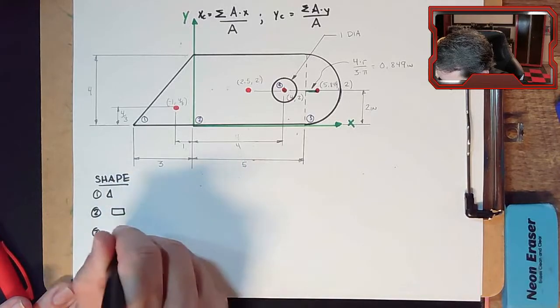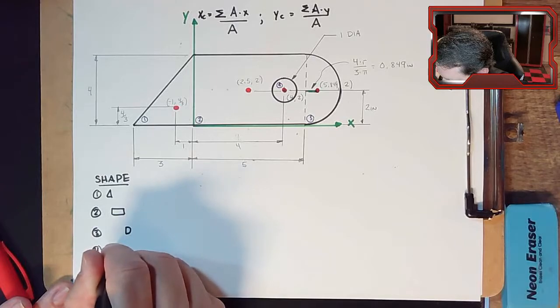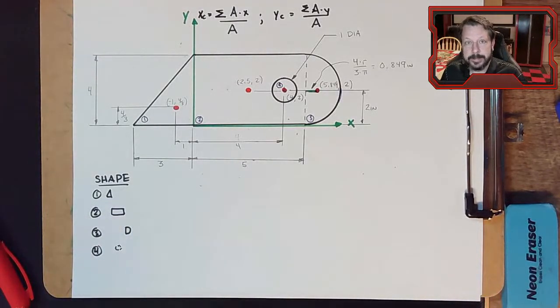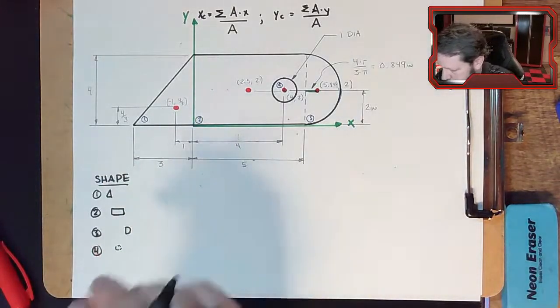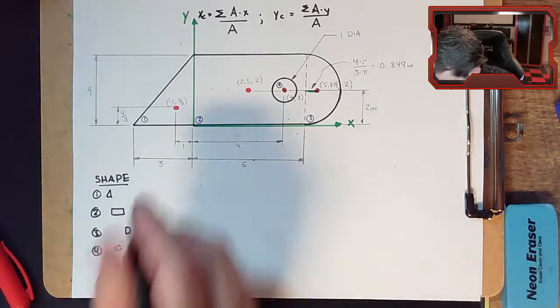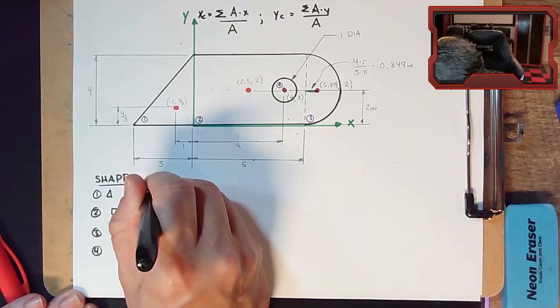Number 3 is the half circle. And number 4 is a hole, so I normally draw it with a little dotted line to remind myself that it's not there, it's a subtraction. You don't have to do this part, but you're just setting up the rows for each of the parts. Now we need the area of each part.